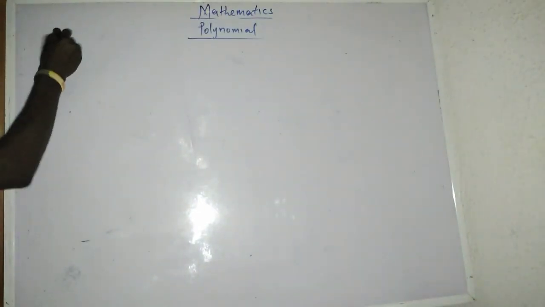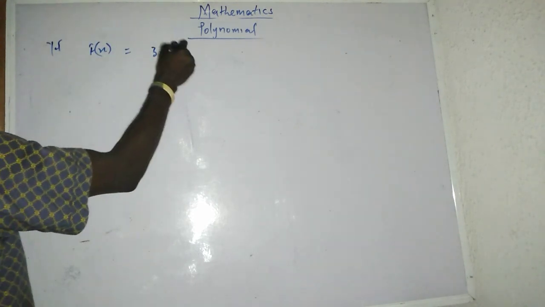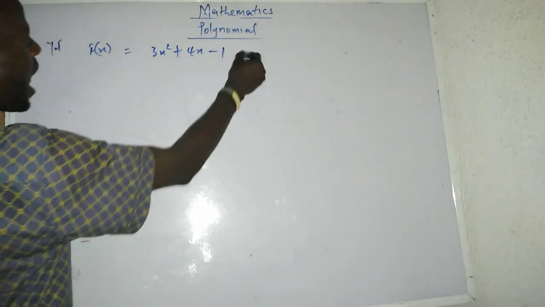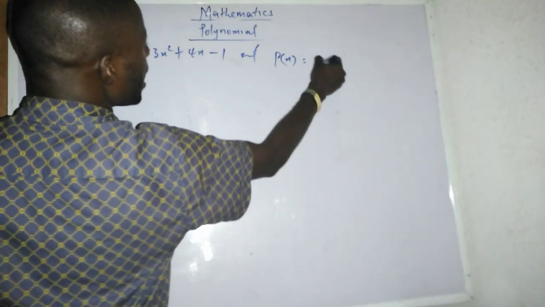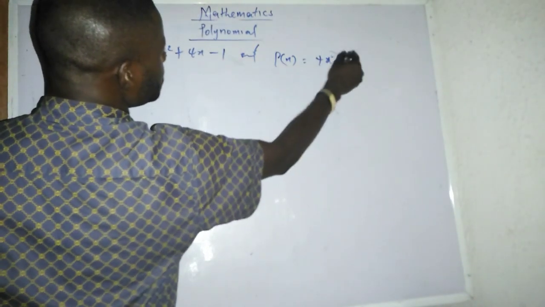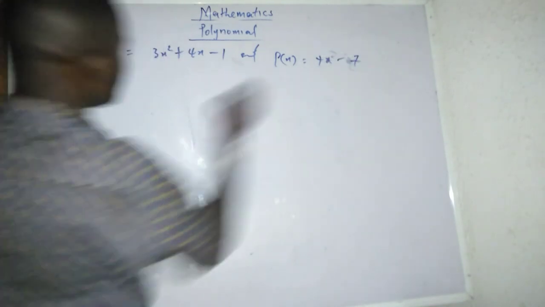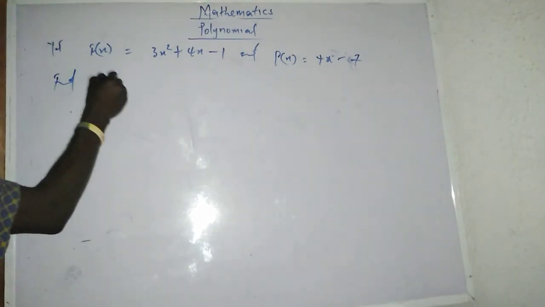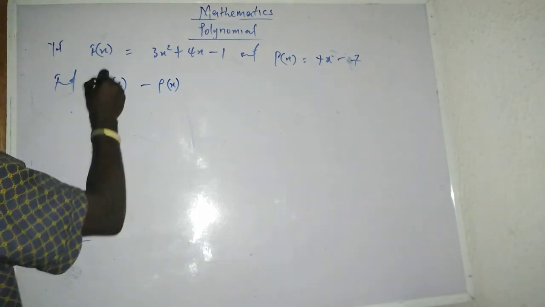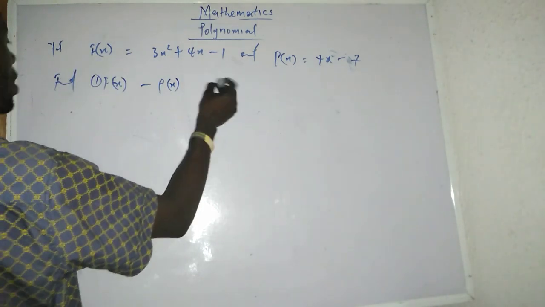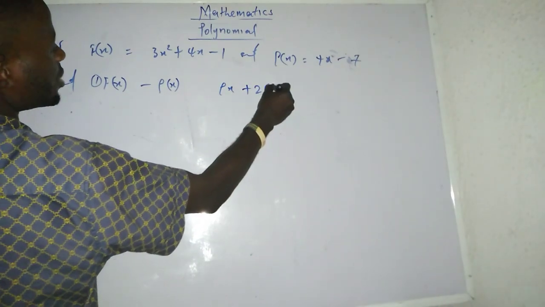For instance, if f of x equals 3x squared plus 4x minus 1, and p of x is equal to 4x minus 7, find f of x minus p of x, and p of x plus 2f of x.